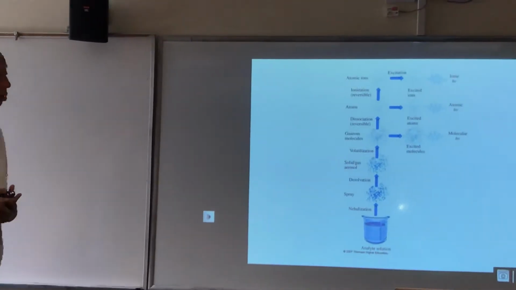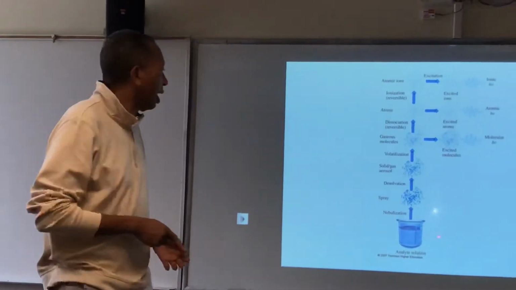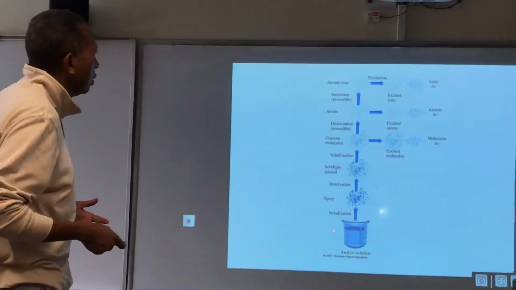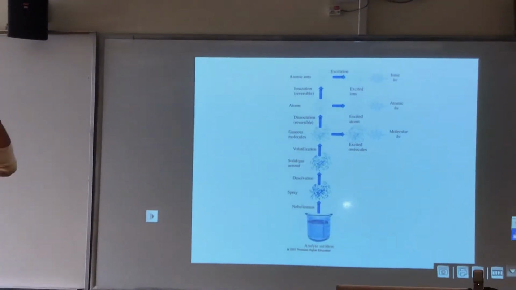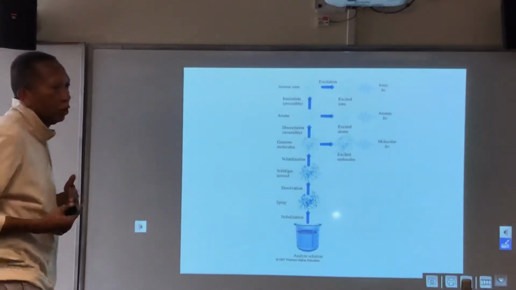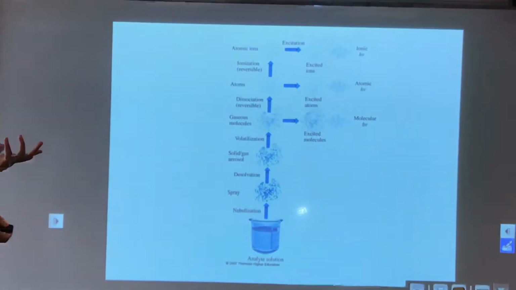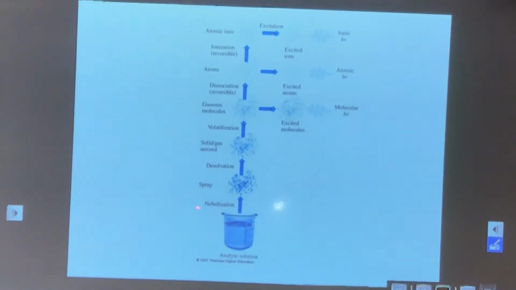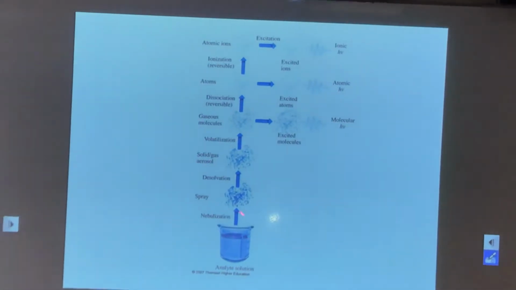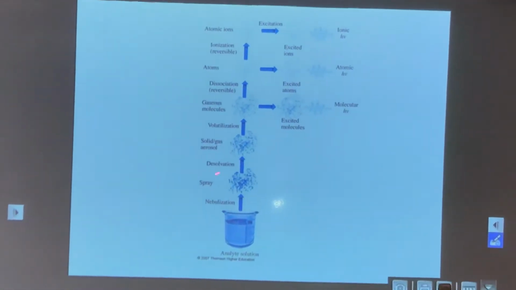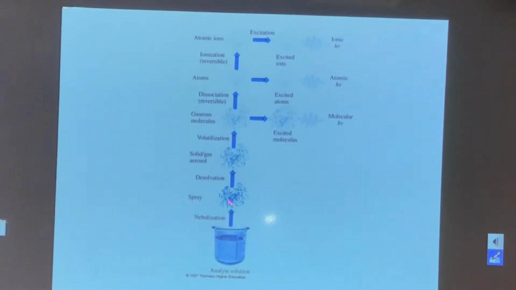Okay. So let's start talking now on this level, right? So that in atomic spectroscopy, we have the analyte here, right? The analyte is in solution, and the first thing we have to do in atomic spectroscopy is what? The name is atomic, so we have to convert them into atoms. All right? So atomic spectroscopy has this process. We take the sample, and we call it nebulization, or we create a spray. All right?